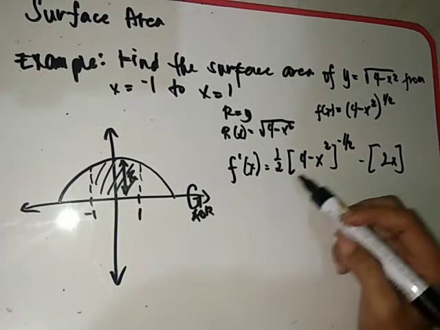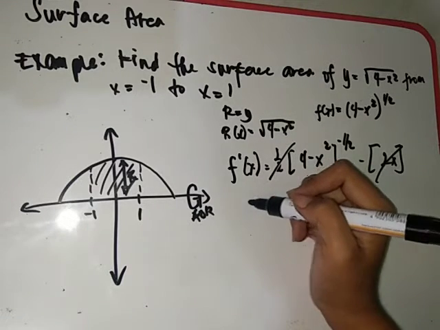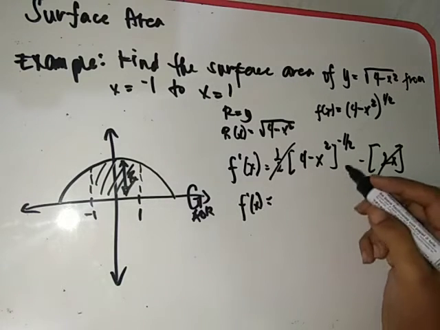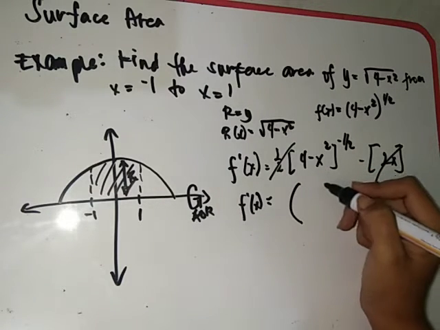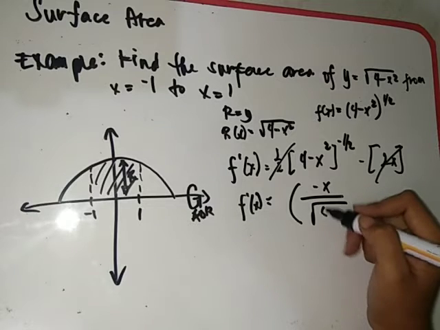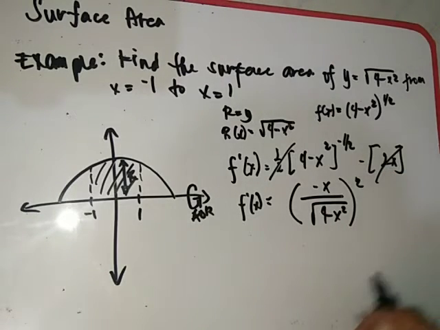So 1/2 and 2x, we will eliminate this. So f prime of x is equal to negative x over square root of 4 minus x squared.